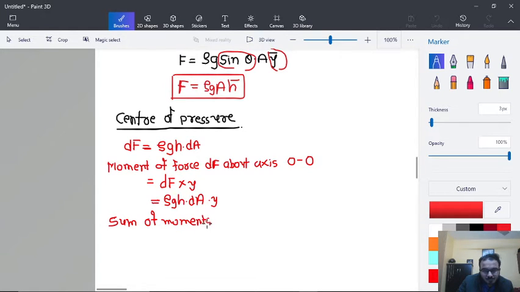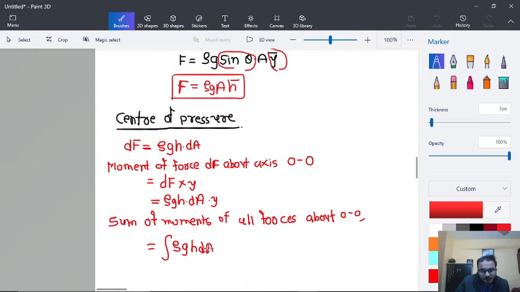Sum of moments of all forces, which is equal to integration rho g h dA by.